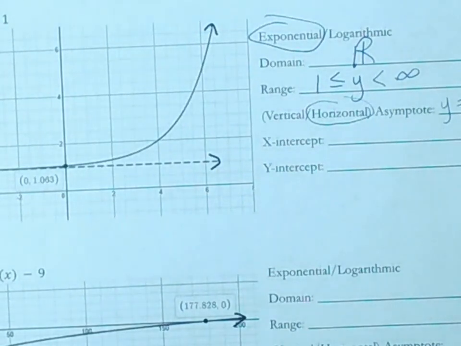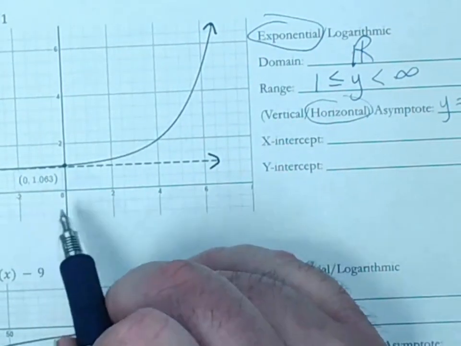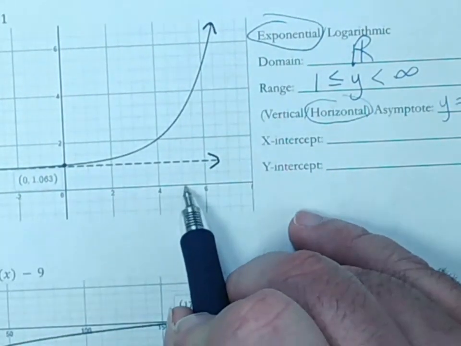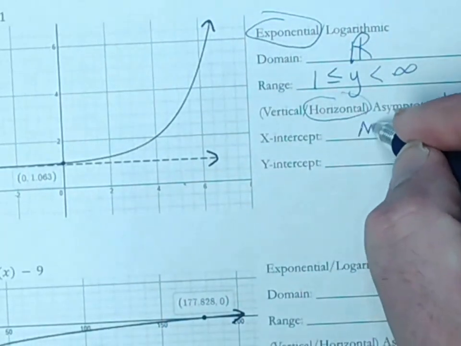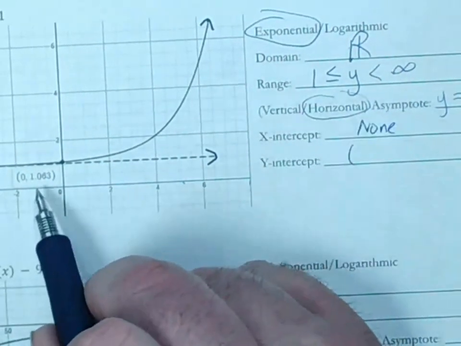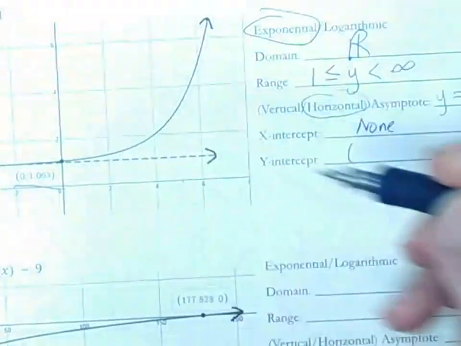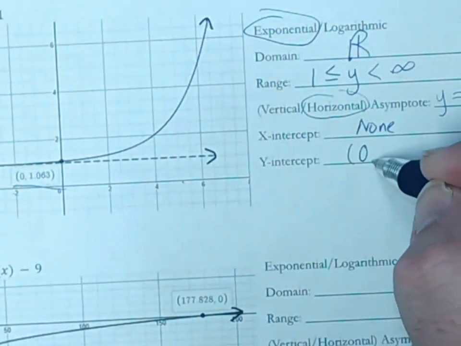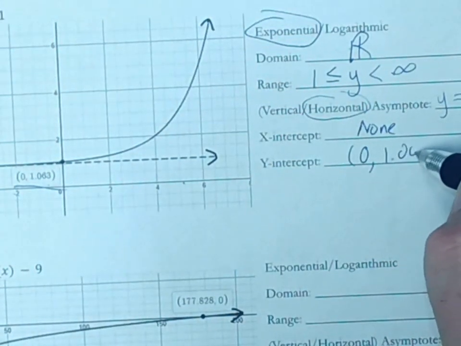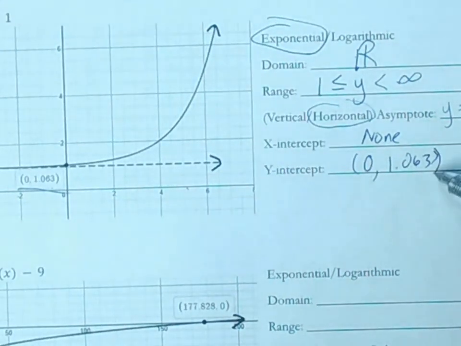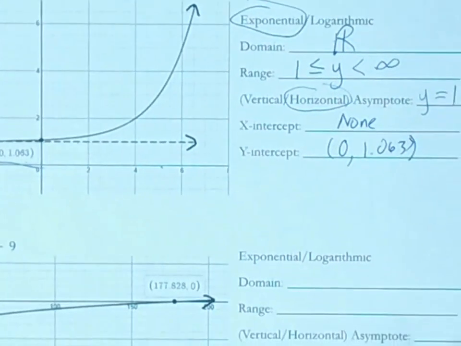So y equals 1. The x-intercept, well, since this does not ever cross the x-axis, there's going to be none. And the y-intercept we actually wrote out for you right here because it was a yucky one. So we'll go 0, 1.063. No big deal. See, easy peasy lemon squeezy.